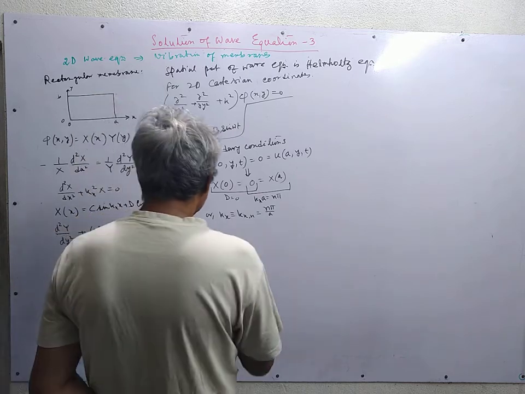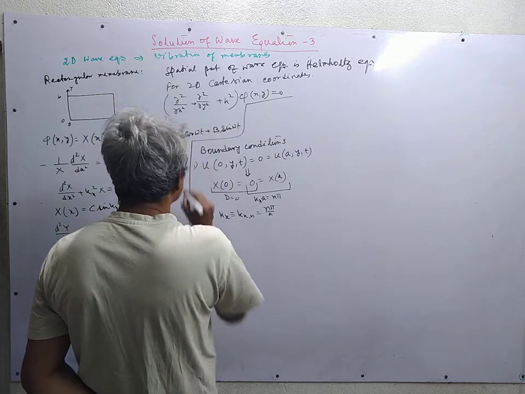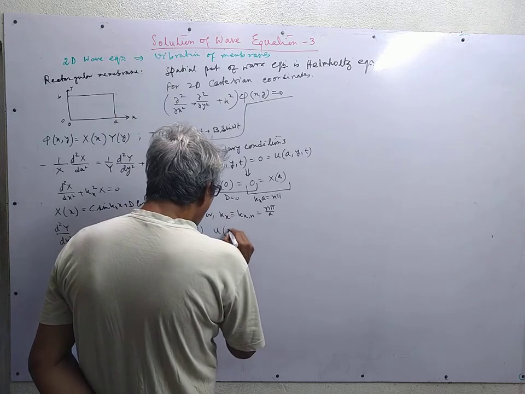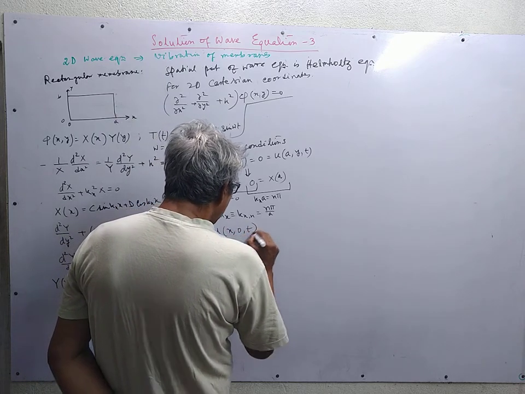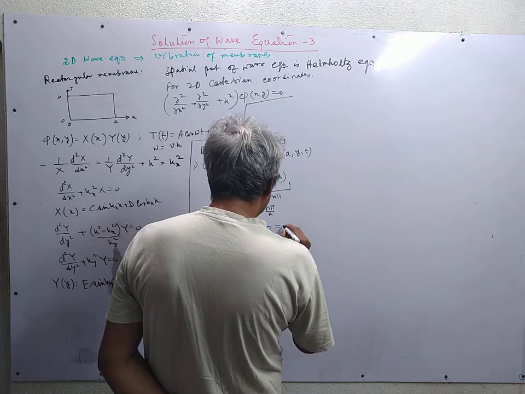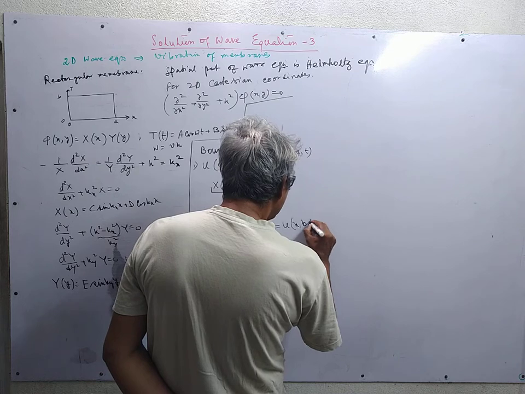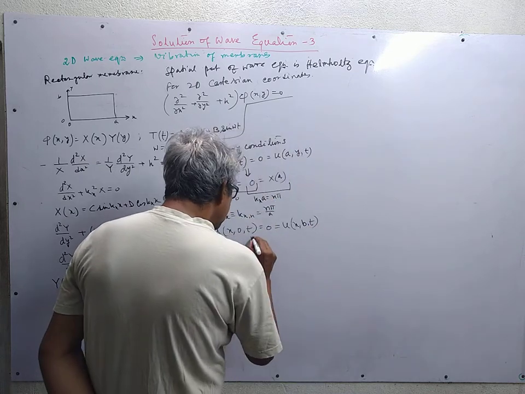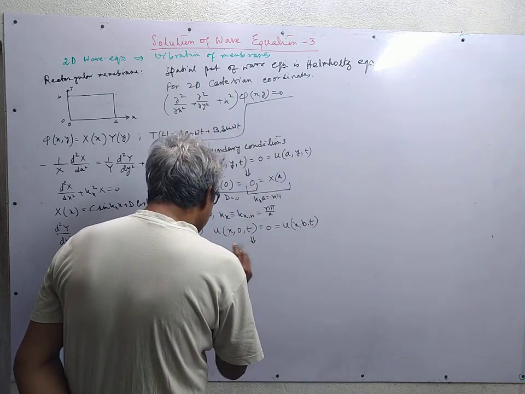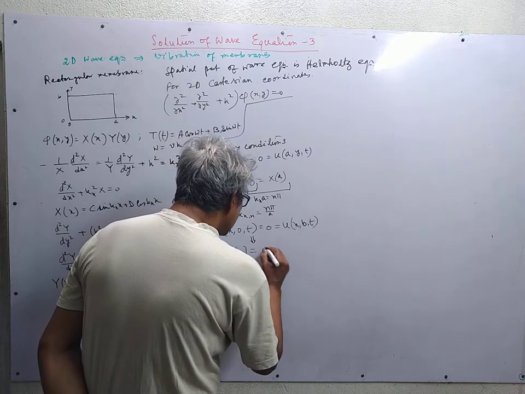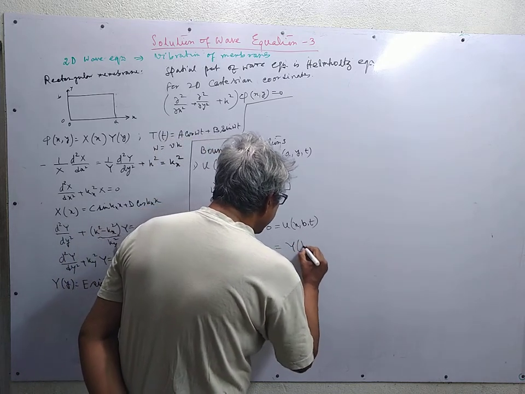Similarly, we have another boundary condition, but this was boundary condition 1. Boundary condition 2 is u of x, 0, t is equal to 0 is equal to u at x, b, t. This in terms of Y becomes Y at 0 is equal to 0 is equal to Y at b.